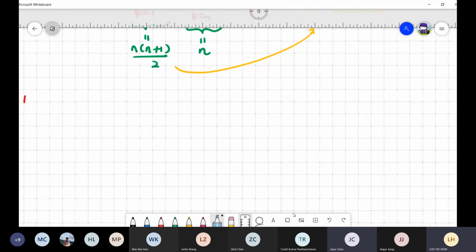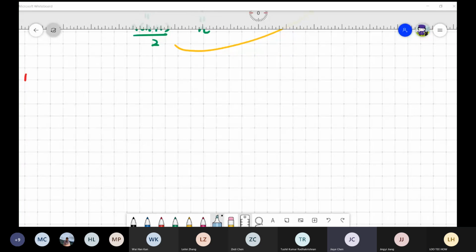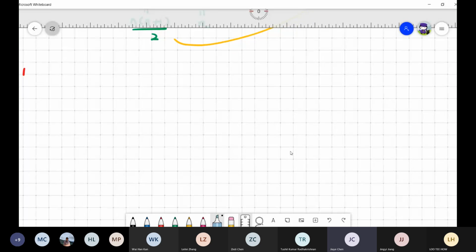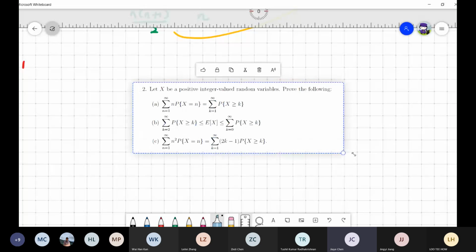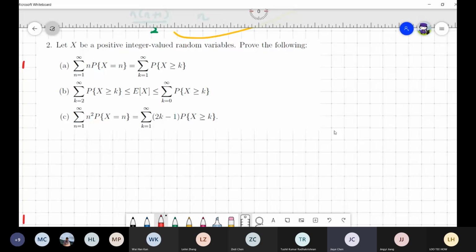So for question 2, it is actually straightforward.